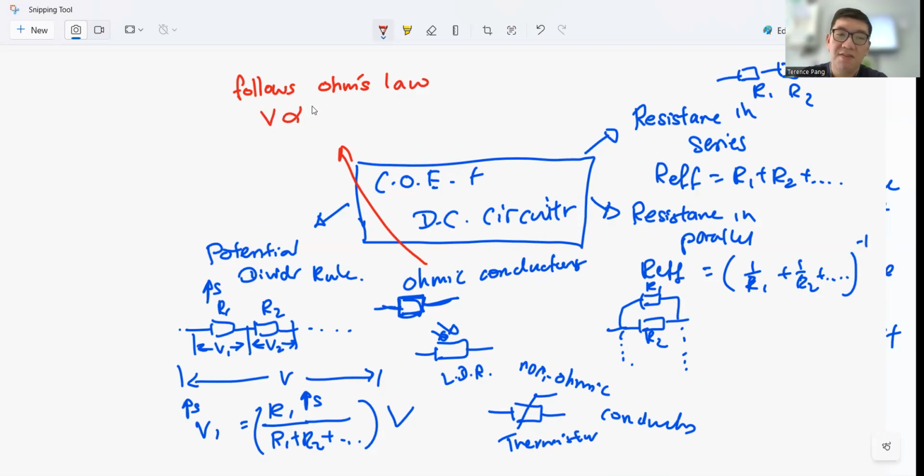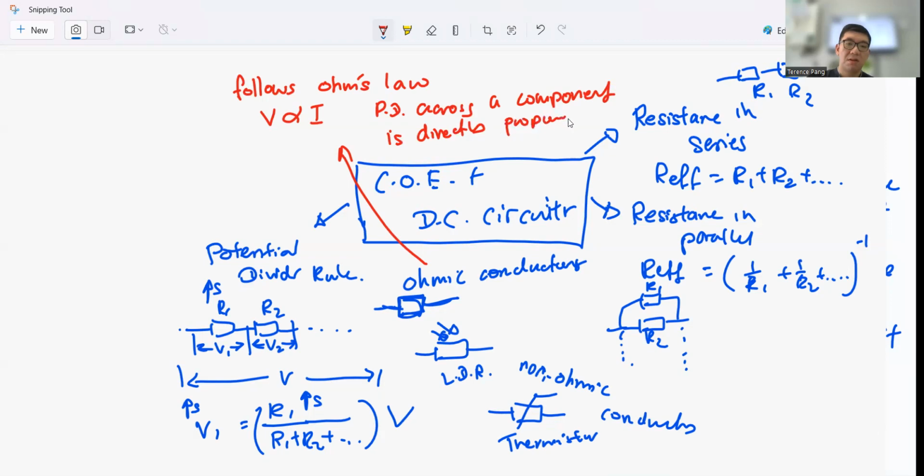In a mathematical sense, V is directly proportional to I, meaning the PD across a component is directly proportional to the current flowing through it.